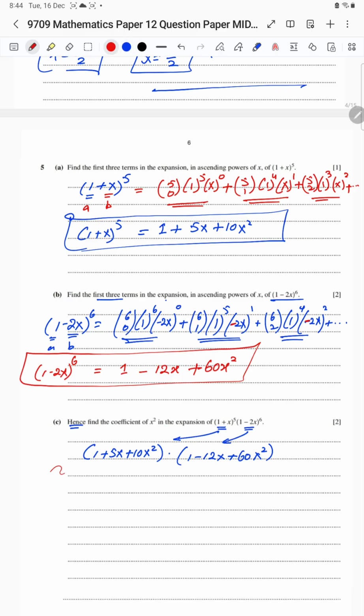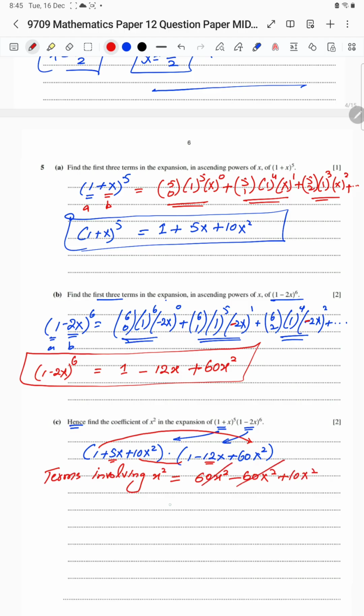So better you can write the terms involving x squared. How many terms will give you the x squared? Once you multiply 1 with the last term, we will get 60x squared, and when you multiply 5x with minus 12x, it becomes minus 60x squared, and 10x squared with 1 gives plus 10x squared.